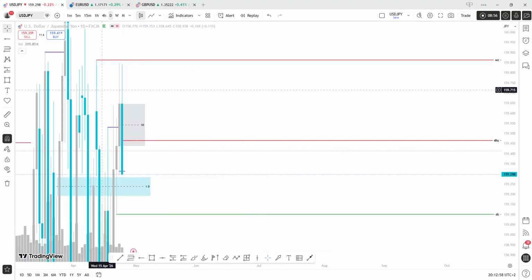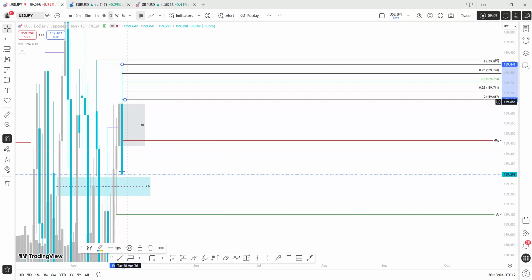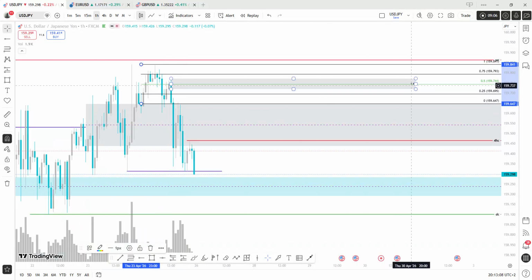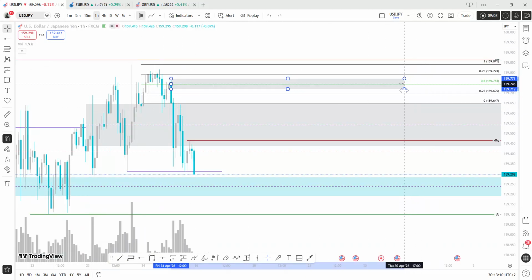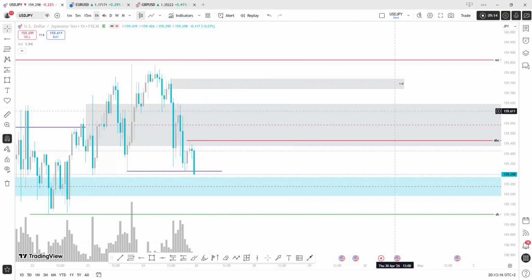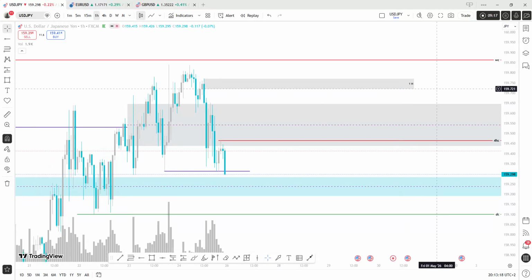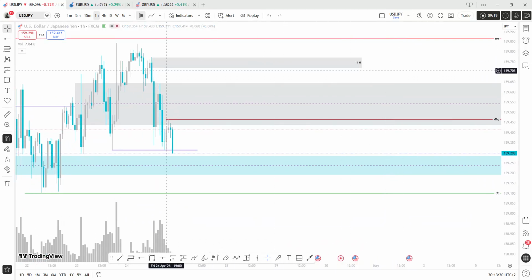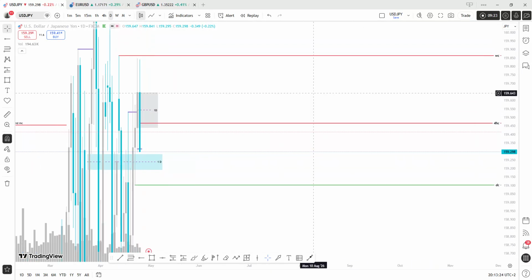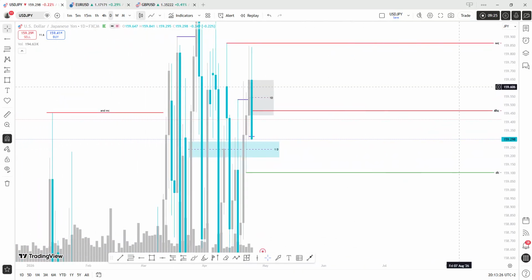And then from a daily perspective it's basically a perfect match with the 50% of the daily week. So it's a good level. I'm leaning generally bearish on this specific asset, especially on Monday.